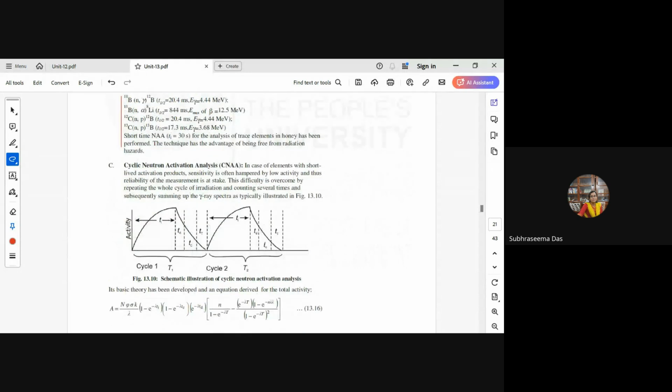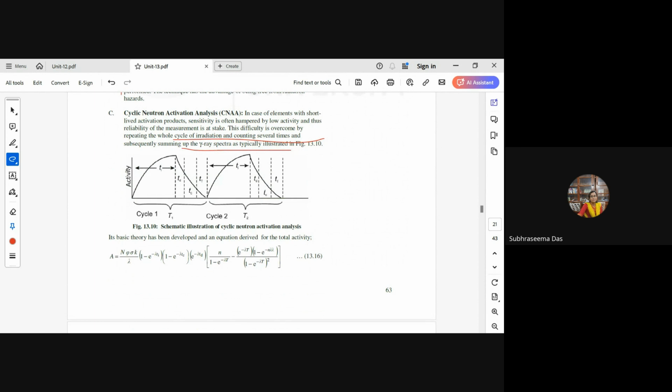The third case is cyclic neutron activation analysis, CNAA. In the case of elements with short-lived activation products, the sensitivity is hampered. This difficulty is overcome by repeating the whole cycle of irradiation and counting several times, and then summing the gamma ray spectra, as shown in figure 13.10.